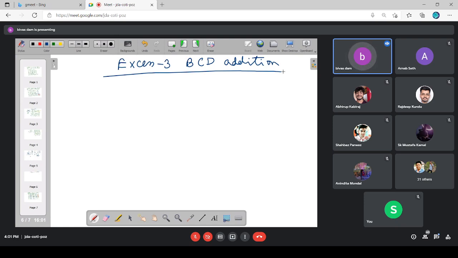Whether the result is greater than 9, that thing is not there here. Only one point: whether from this particular nibble position one carry was generated or not. Now, if a carry is found to be generated, we'll be adding 3 with it.